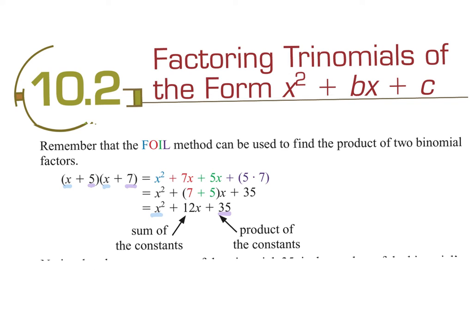The middle term comes from your two middles, your inner and your outer, okay? And so my outer term was x times 7, 7x. My inner term was 5 times x, 5x. Those are like terms. So I added those together, and that is where I get my 12x.